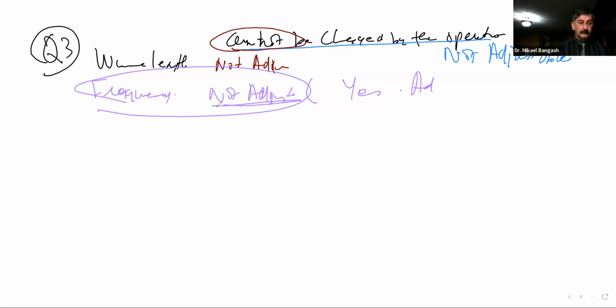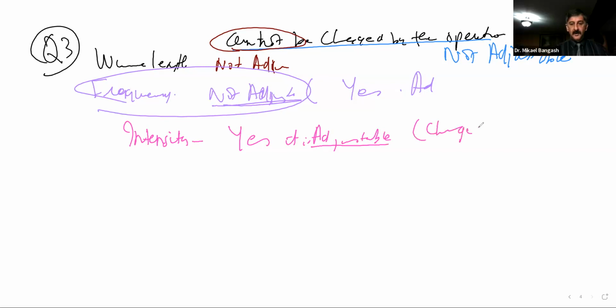Now intensity. Is that adjustable? Yes, it is adjustable. What we mean by being adjustable is changeable. How?